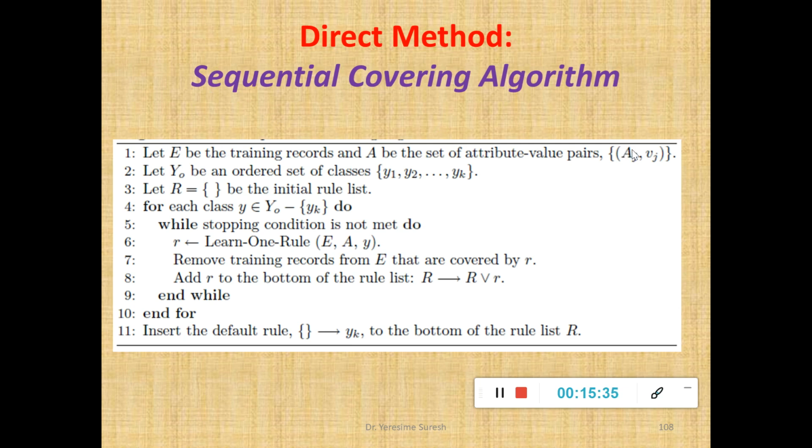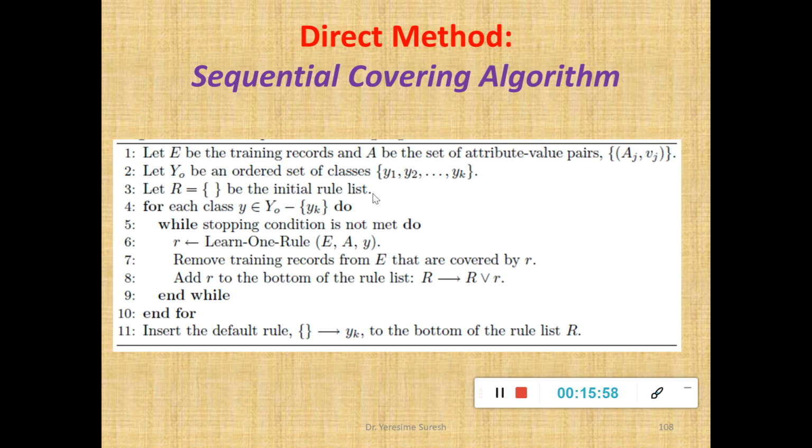So I represent attributes from 1 to j, and every attribute will take some values, either binary, discrete or continuous, and those values are denoted as Vj. Let Y0 be the ordered set of classes. So every record will have some class label from y1 to yk, that is represented as an ordered set Y0. Let R be the initial rule set.